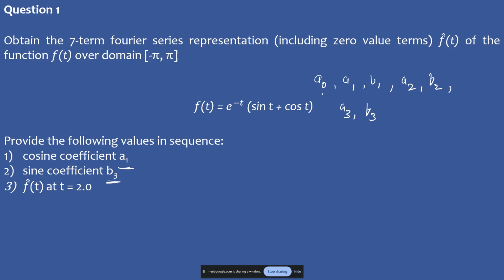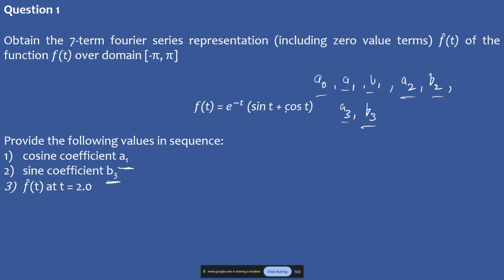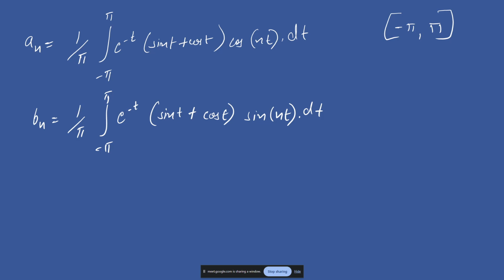So overall this corresponds to your 7 terms. Accordingly you need to evaluate these 7 coefficients and transform your f(t) function to the 7 term function, and that will give you the Fourier series representation. You can just plug the n value as 1 for getting the first part.